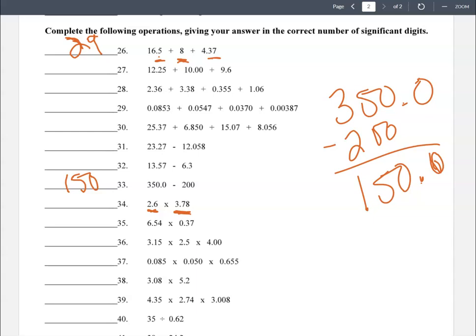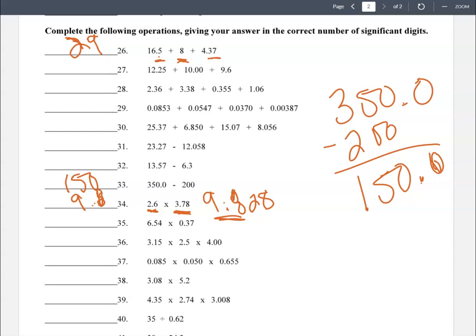Even though when you type 2.6 times 3.78 into the calculator, it gives you 9.828, you can only have 2 significant digits. So that's going to be a final answer of 9.8.